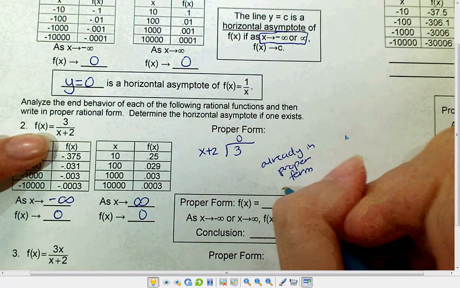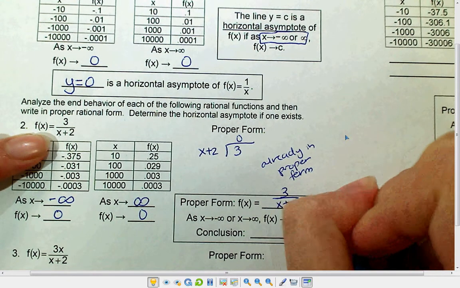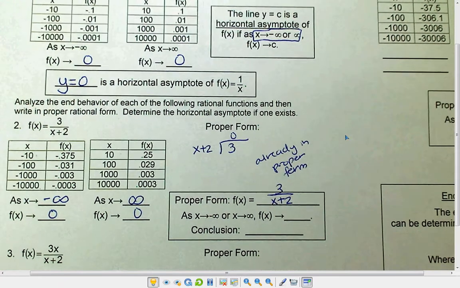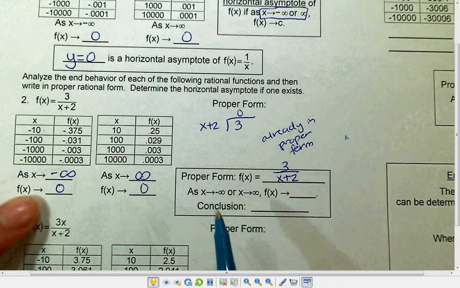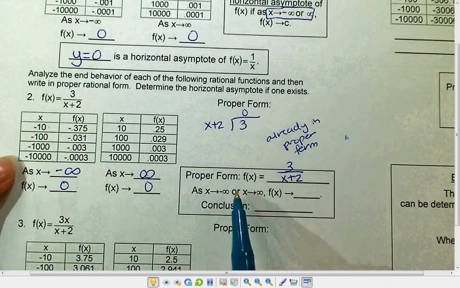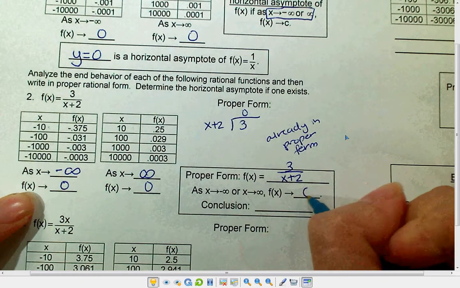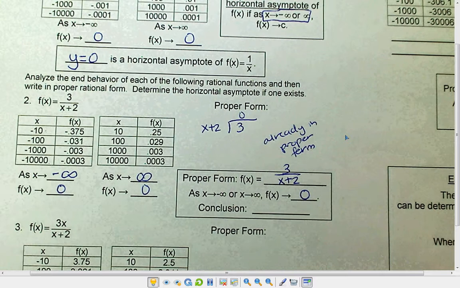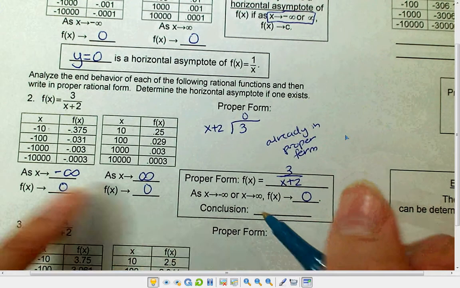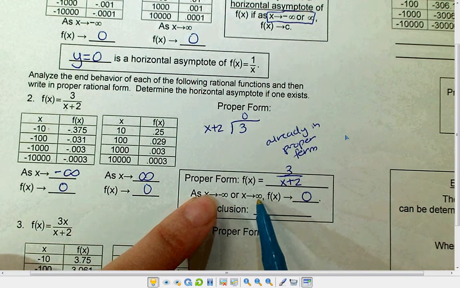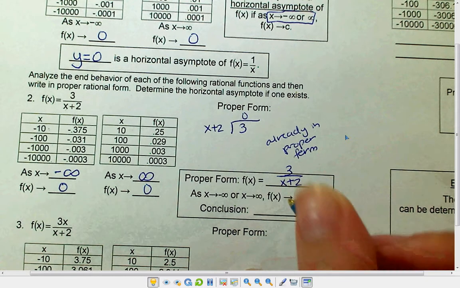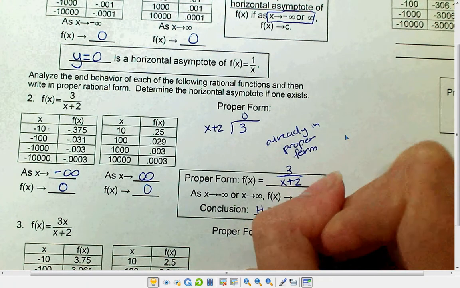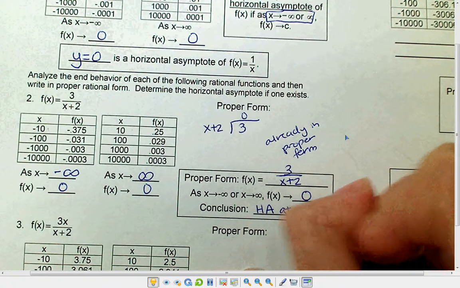So this one's already in proper rational form, 3 over x plus 2. From our tables, we figured out that as x goes to infinity or negative infinity, f of x approaches 0. So our conclusion is that since your x is going to infinities, your y approaches 0, which means we have a horizontal asymptote at y equals 0.